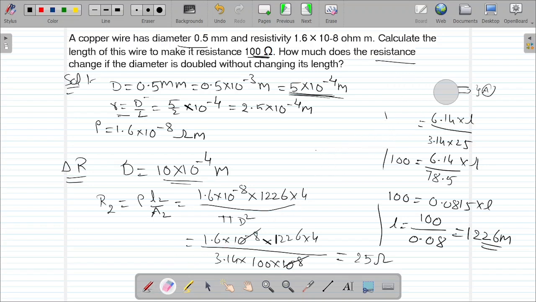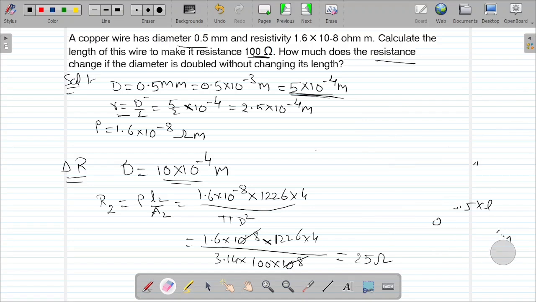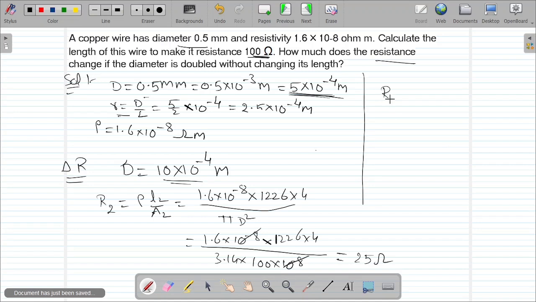Instead of that, you can solve it another way. I will tell you here. Just go through this, which will be better for you. Instead of finding this much calculation, I will tell you a shortcut. That is R2 by R1.